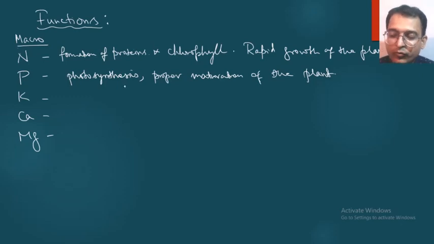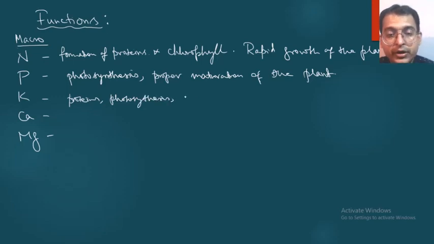Potassium. What is the importance of potassium? It helps in the building up of proteins in photosynthesis. As well as it is very important for fruit maturation, so the fruit quality can be improved.